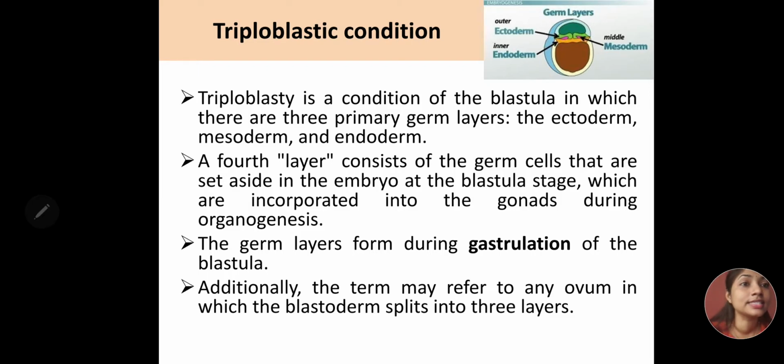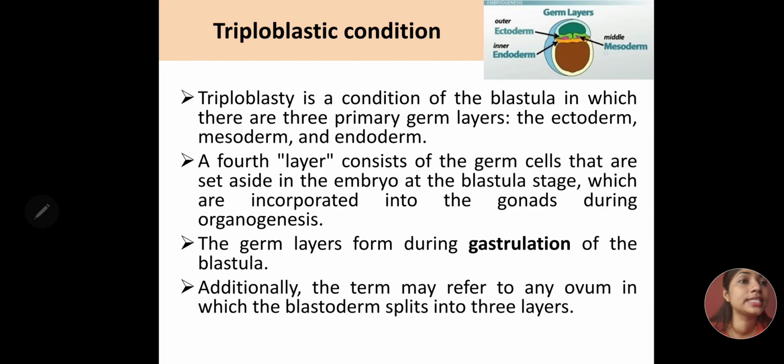Also, a fourth layer consisting of germ cells is set aside in the embryo at the blastula stage, which is incorporated into the gonads during organogenesis. The germ layers form during gastrulation of the blastula. Additionally, the term may refer to any ovum in which the blastoderm splits into three layers.